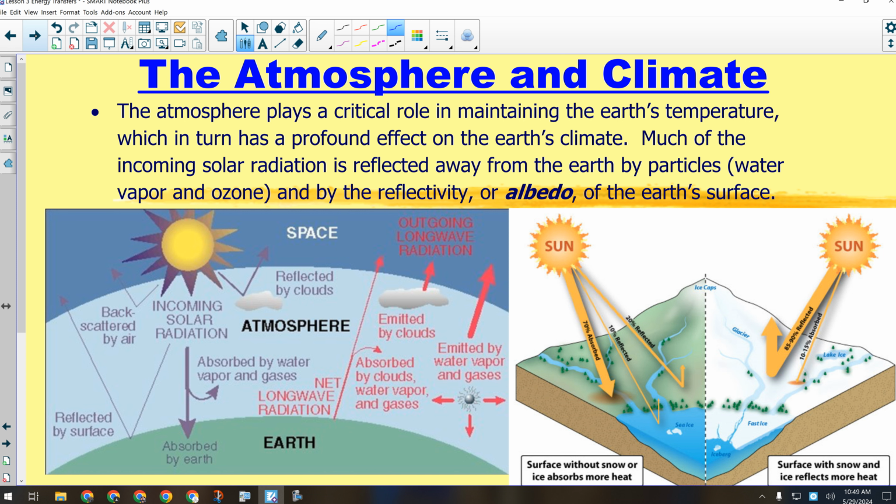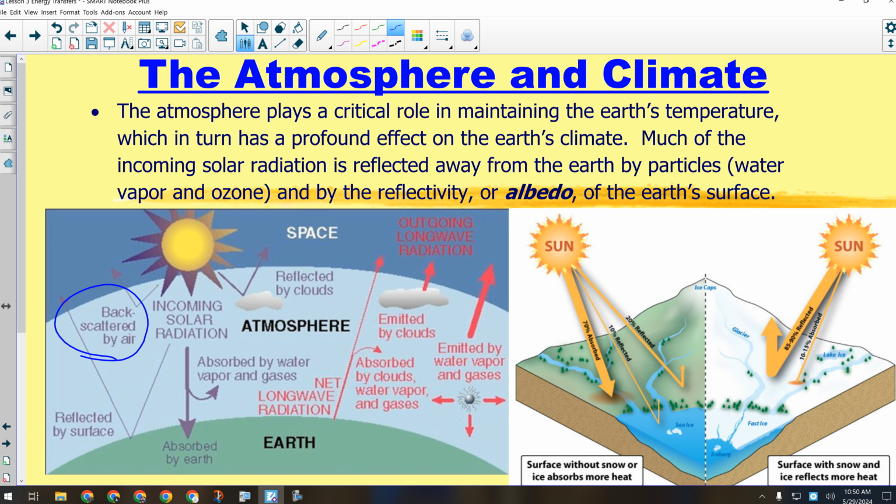All right? Now, some of the incoming solar radiation gets what we call backscattered. That means that certain wavelengths of light hit the atmosphere and they get reflected, but not like straight back. They get randomly reflected. That's scattering. The wavelengths that typically get scattered by our atmosphere are blue.